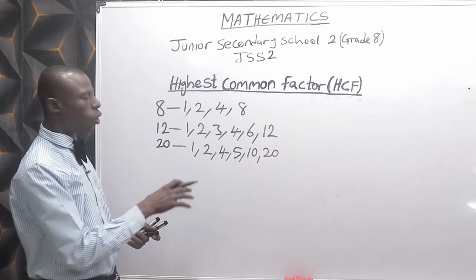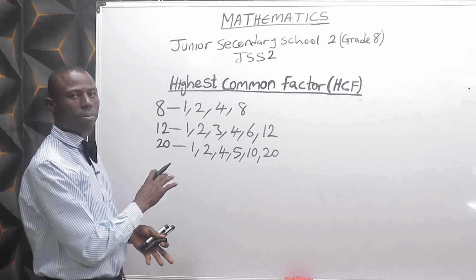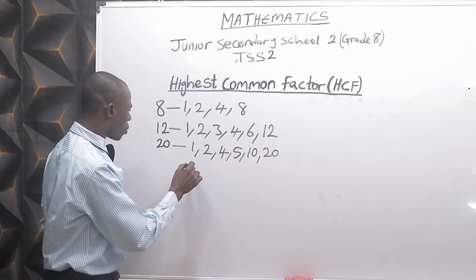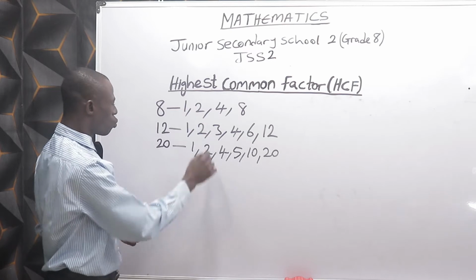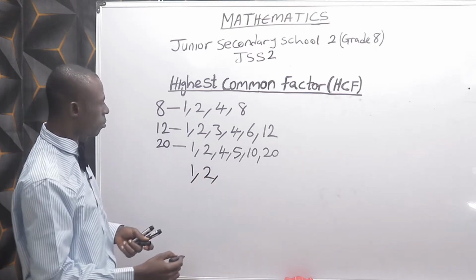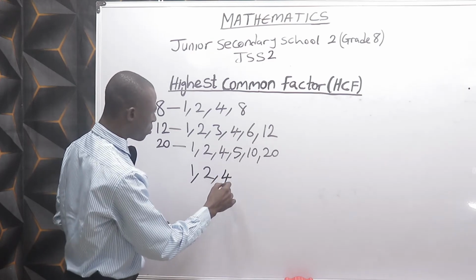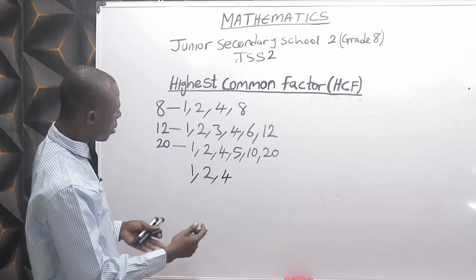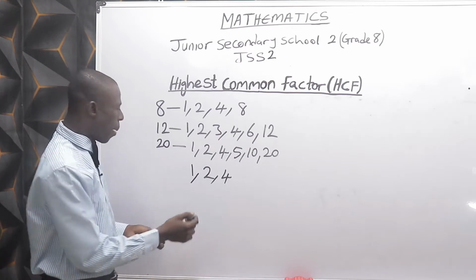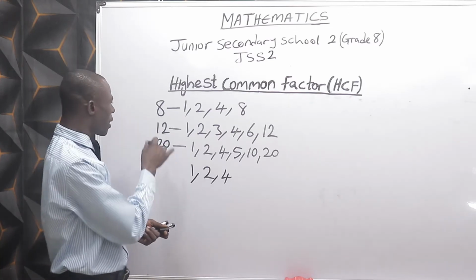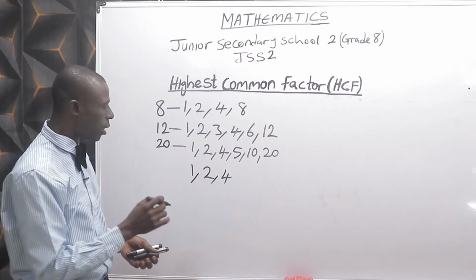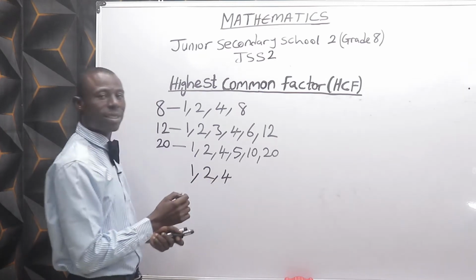Some factors are common to the three of them. 1 is common. 2 is common to them. 3 is not common. 4 is common to them. What else? Nothing else is common. Among these common factors to 8, 12, and 20, which one is the highest?